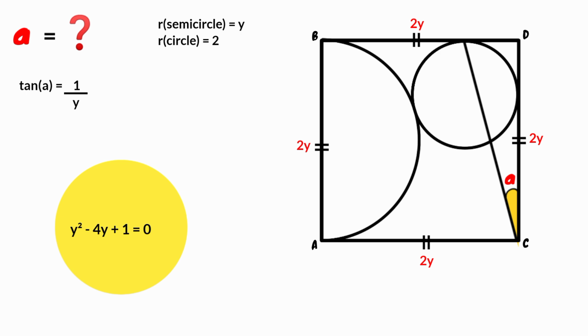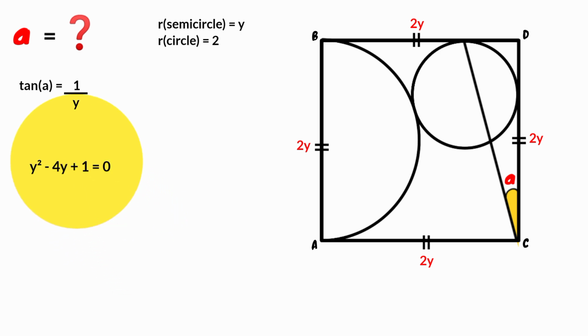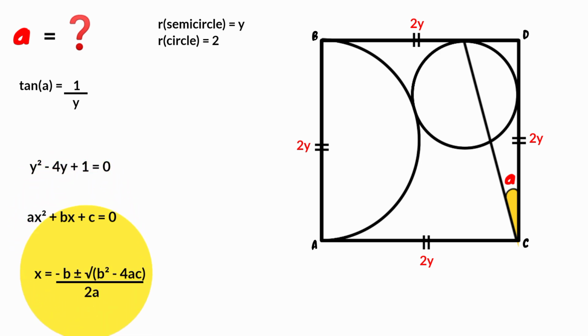This is a quadratic equation. By the quadratic formula, any equation in the form ax squared plus bx plus c equals 0, x equals minus b plus or minus root of b squared minus 4ac all over 2a.